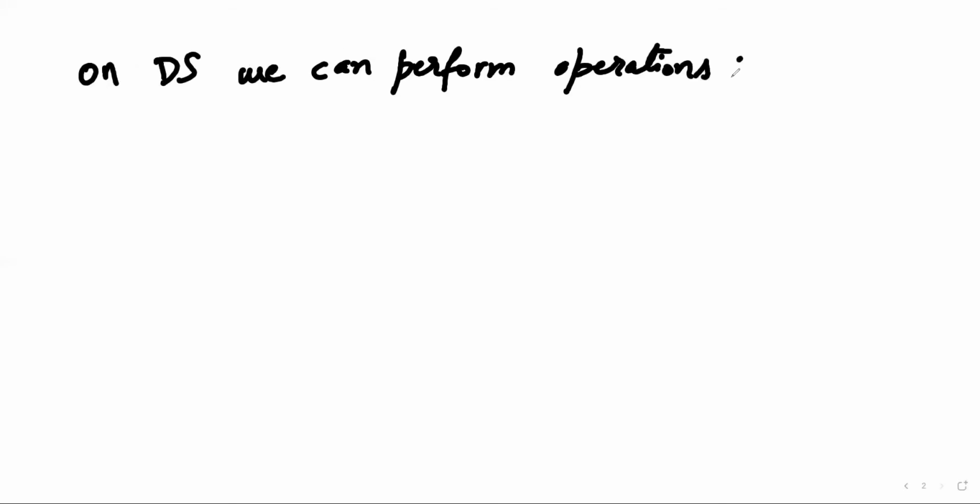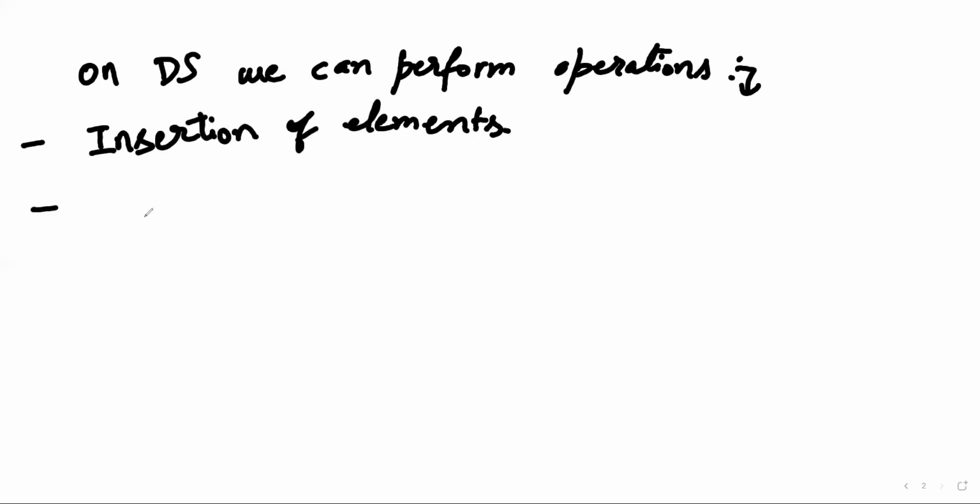And on data structures, we can perform some operations which we cannot perform on simple data types. So what are these operations? Insertion of any element into a data structure. Another operation would be deletion of any element. Every data structure comes with some methods that you can apply to do these operations, right?